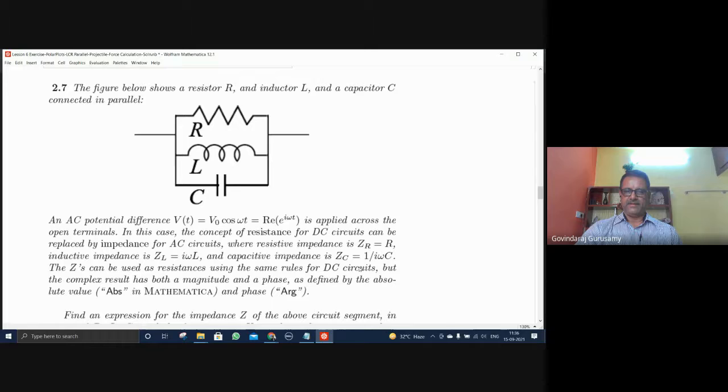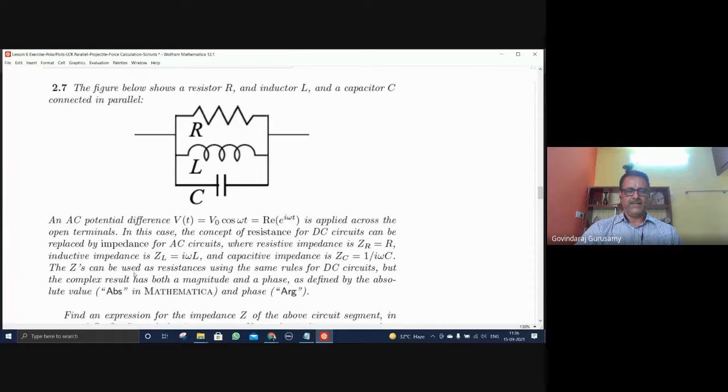So therefore, please note that 1 by omega C is in ohm units. Similarly, Z suffix L, which is equal to i omega L. Omega L is also in ohms. So this will be the reactance, which is equivalent to 1 by i omega C. This is the reactance of the capacitor, and this is the reactance of the inductor.